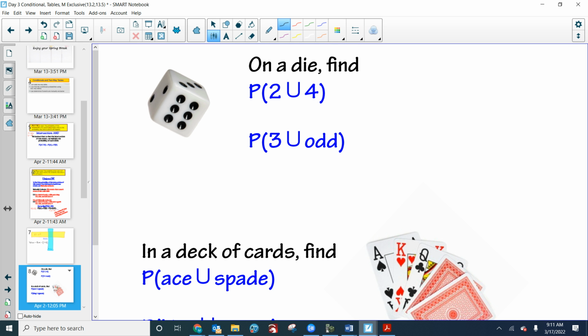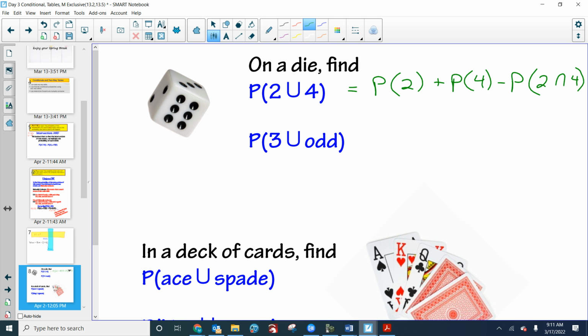All right, let's do a couple of these examples. What's the symbol again? And or? Or. It's not an and, it's an or. So what's our formula? Probability of rolling a 2 plus the probability of rolling a 4 minus the probability of rolling a 2 and a 4.